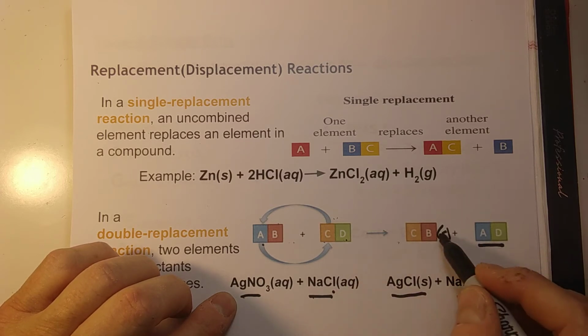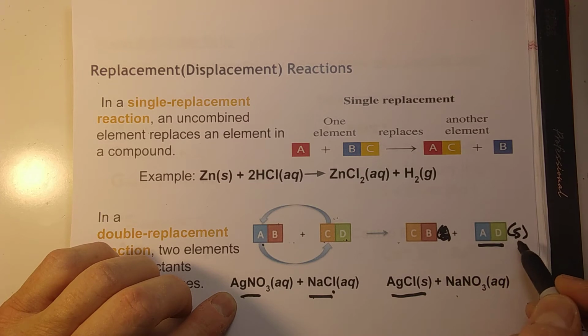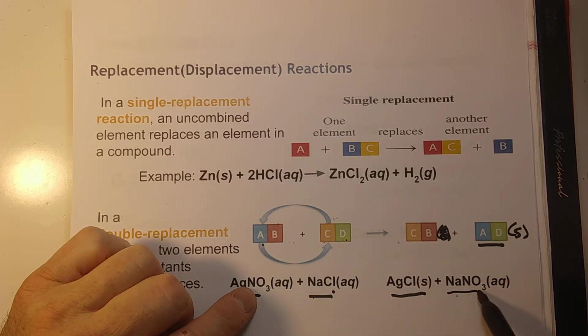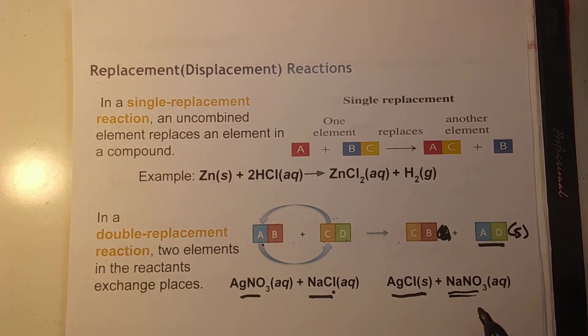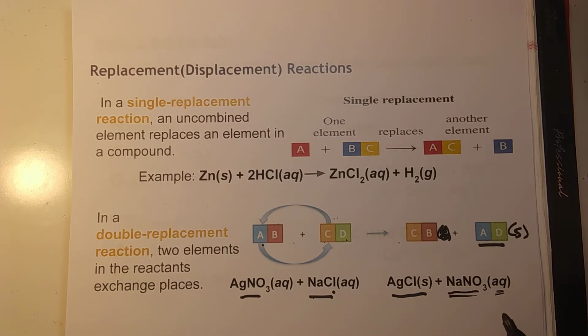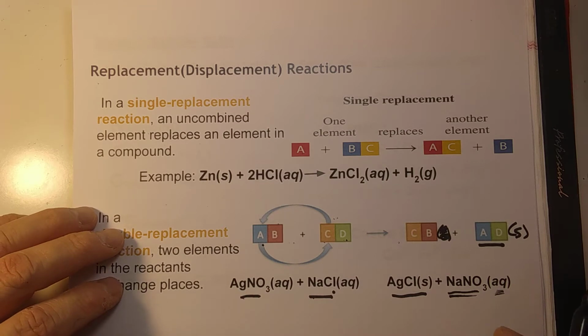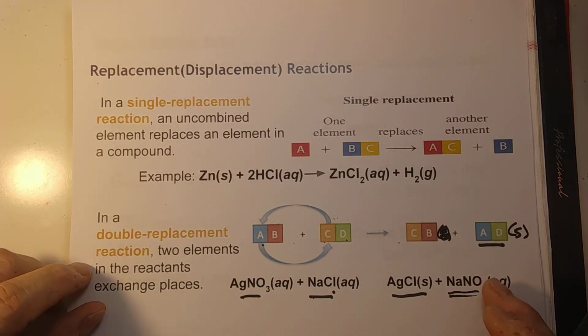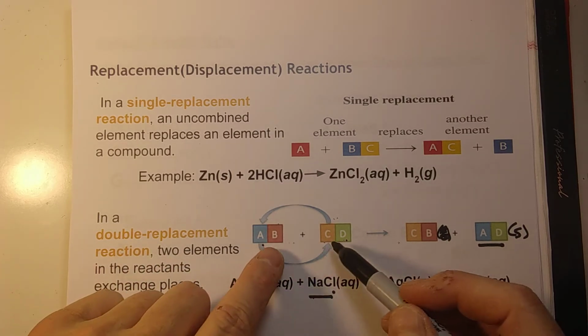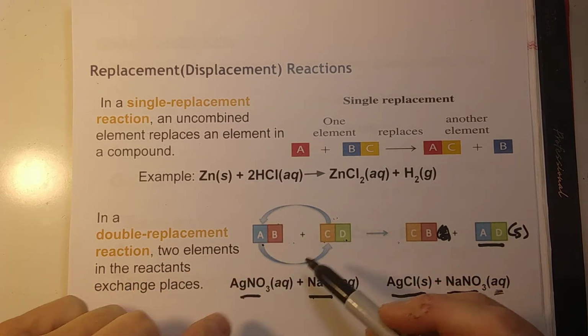But C and B is representing the sodium nitrate. And typically, group 1 metals, like sodium, like potassium, don't typically precipitate. They typically stay in solution, and that's what aqueous means. It's not precipitating out. But we still call that a double displacement reaction. 2 partners have switched. A has gone to D, and B has gone to C.